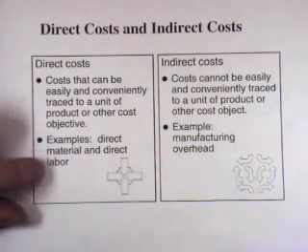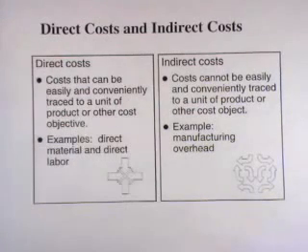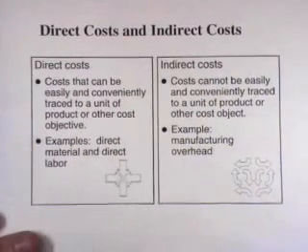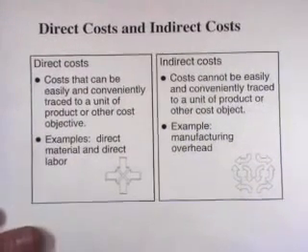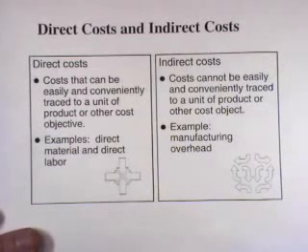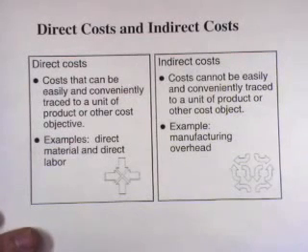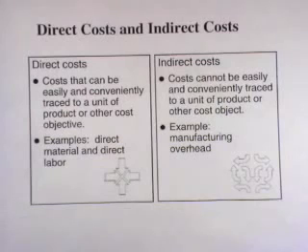So those two prime costs are also considered direct costs. Everything that's not a direct cost is an indirect cost. So costs cannot be easily and conveniently traced to a unit of product or other cost object. There doesn't seem to be any logical connection between the final product and some costs that are termed overhead, manufacturing overhead in the factory.